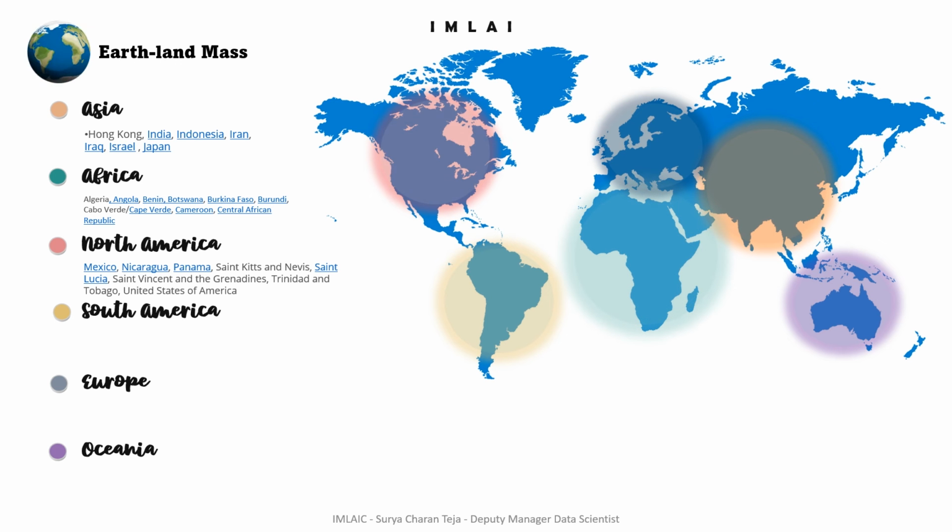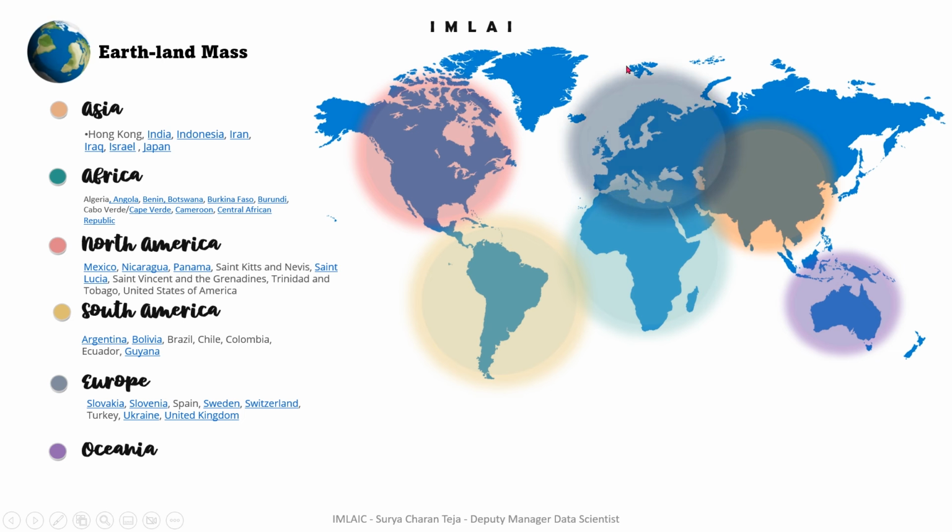Next for North America: Mexico, Panama, St. Kitts and Nevis, St. Vincent, Trinidad and Tobago, and United States of America. Then South America: Argentina, Bolivia, Brazil, Chile, Colombia, Ecuador, Guyana.